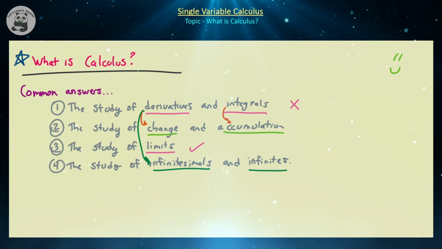Integrals can be represented from the perspective of infinites and also infinitesimals as well. But infinitesimals and infinites can be used for practically everything in the realm of calculus. So to some degree, the study of infinitesimals and infinites would be the best answer one could define.